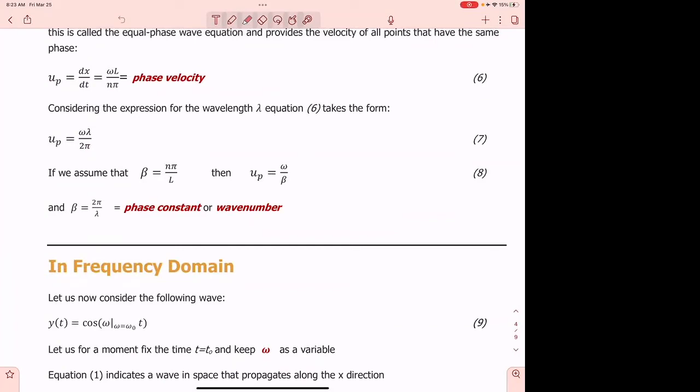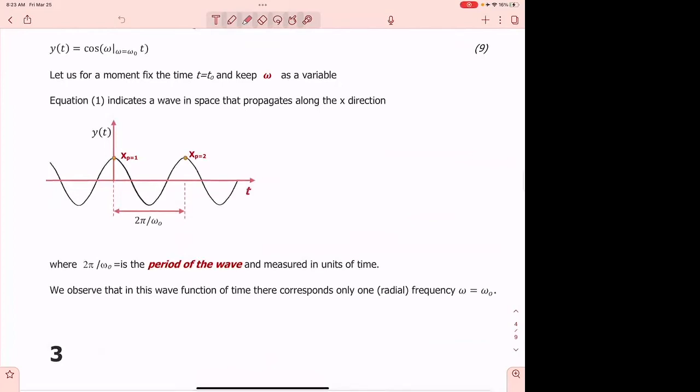Okay, so now, as we talked last time, we are going to try to figure out how to start solving problems which involve only one singular frequency of excitation.